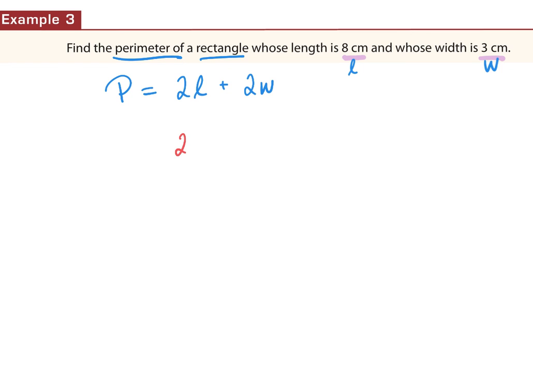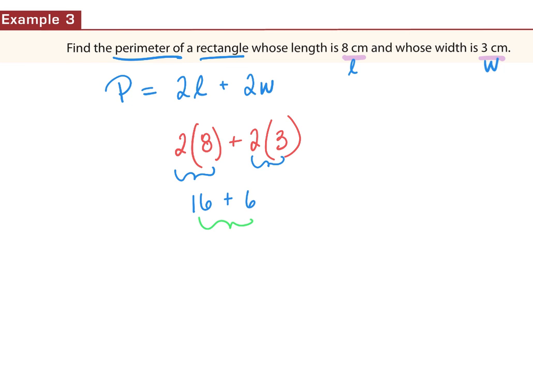So I'm going to say 2 times, and instead of L, I will write 8, plus 2 times, and instead of width, I will write 3. Now I'm going to do order of operations. What do I do first? Yeah, the multiplication, 2 times 8. Multiplication, 2 times 3. And then I am going to do my addition here, 22. And what were my units here? Centimeters.